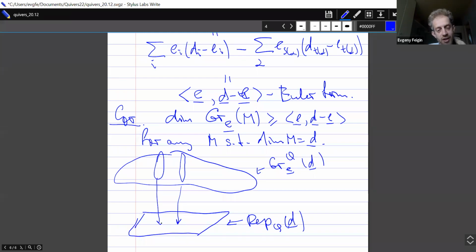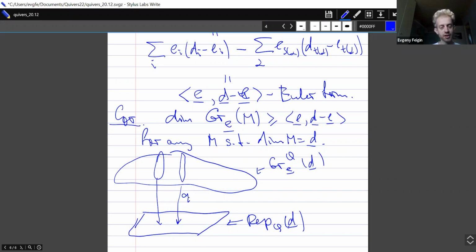And so the claim is that we know the difference of the dimensions between the total space and the base is e d minus e, the value of the Euler form. However, we don't know, and it is not true, that this map is a fibration. We'll work out an example in a minute. The fibers may be different, and in principle they are of different dimensions.